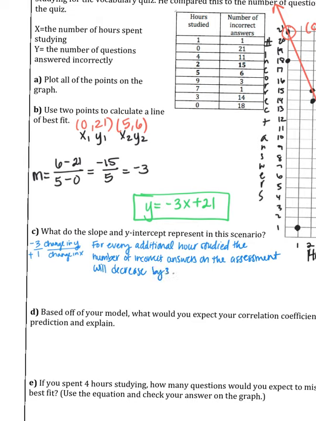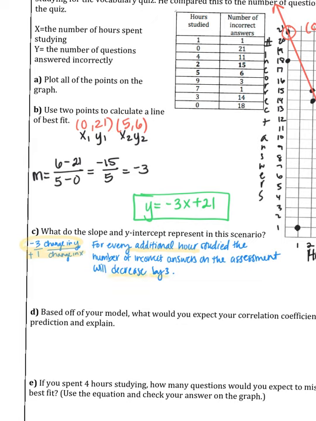So here are some keywords that you want to make sure you have. You want something conveying that we have an increase of 1 in x. For us, that's that additional hour. 1 increase in x leads to a 3 decrease in y.